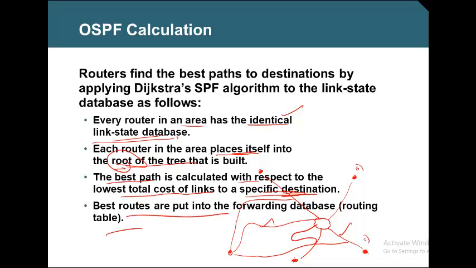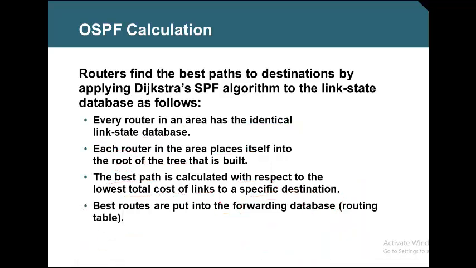So in an area, every router will have a common map. To go to a destination, not all routers are going to have the same route because in the map, each router is in a different part of the map. They need to find their own best path.